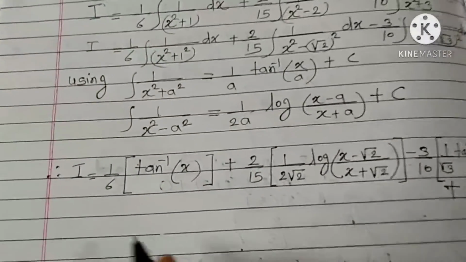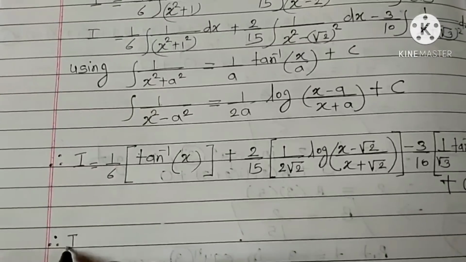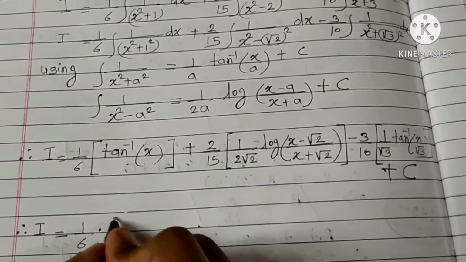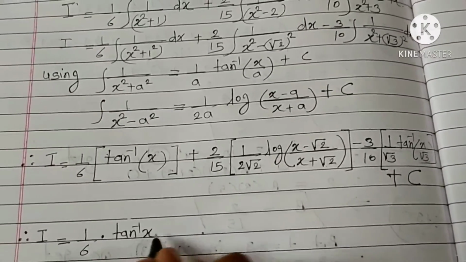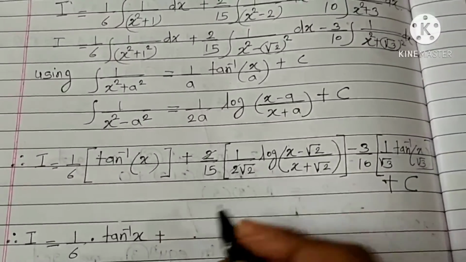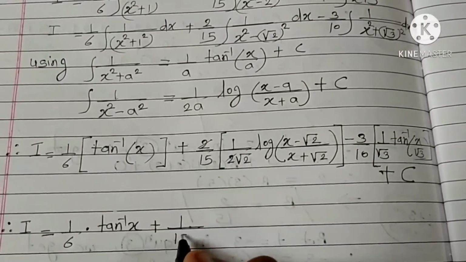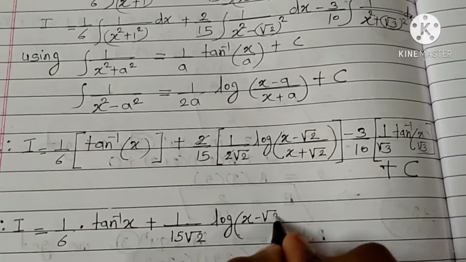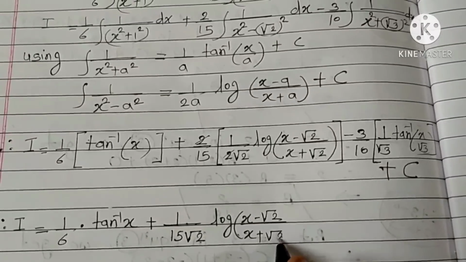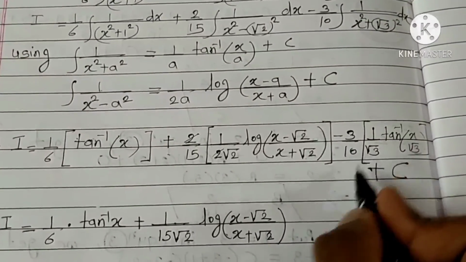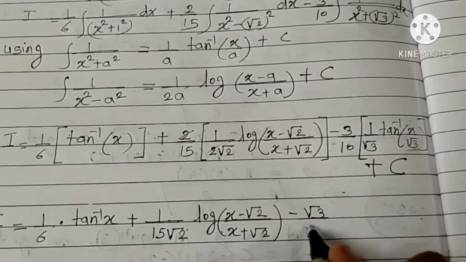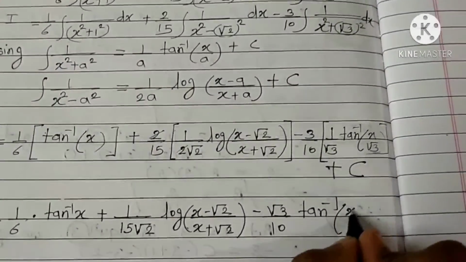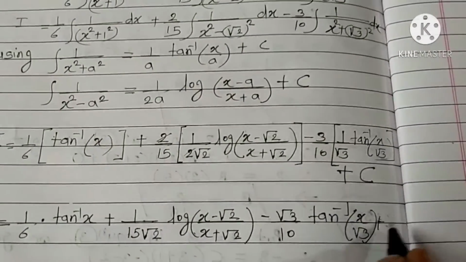Okay, so therefore I is equal to 1 by 6 into tan inverse x, plus, this 2 and this 2 get cancelled, so 1 upon 15 root 2 log of (x minus root 2) upon (x plus root 2), minus, this 3 and this root 3, so here we get root 3 upon 10 tan inverse x upon root 3 plus c.